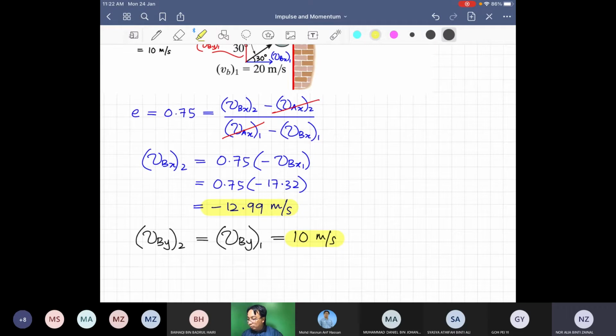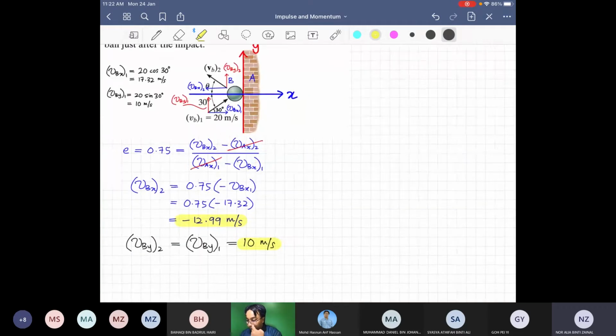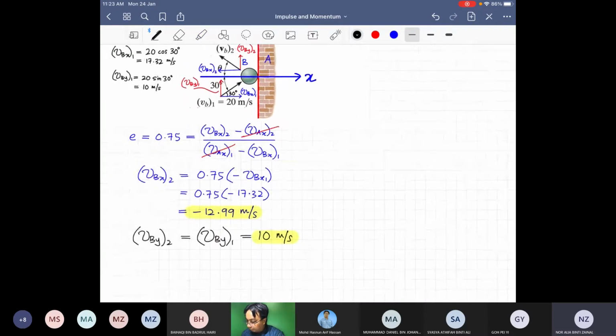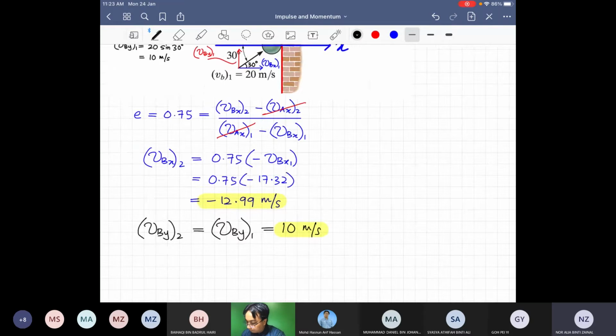So macam mana kita nak tahu VB2? VB2, kita hanya perlu calculate the magnitude lah. So in this case, VB2 sama dengan VBX2 square plus VBY2 square, and then kita square rootkan dia.